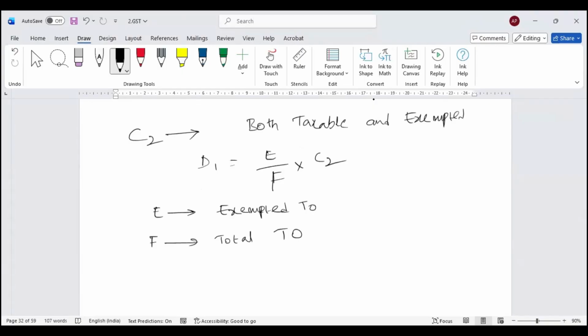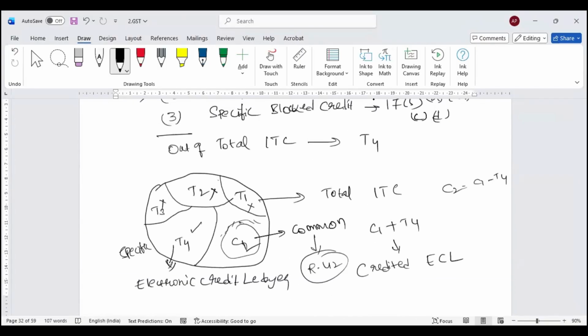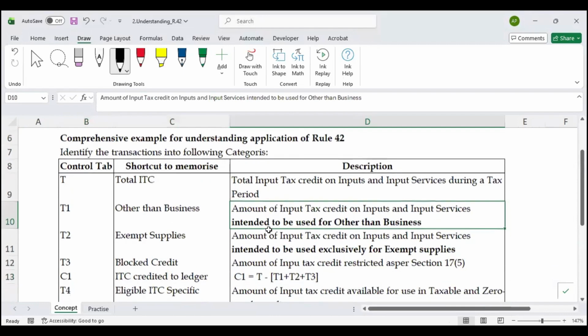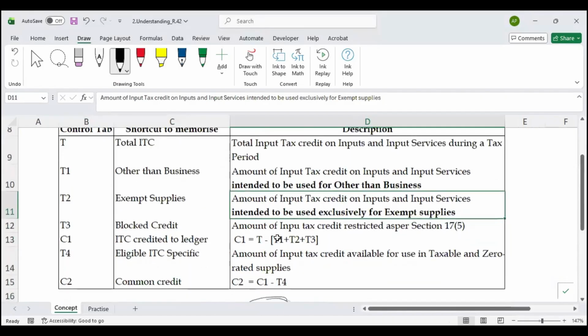They're saying that if your exempted turnover, when you look at this diagram, say this block, T2 is your exempted input tax credit, intended to be used other than exclusively for exempt supply.